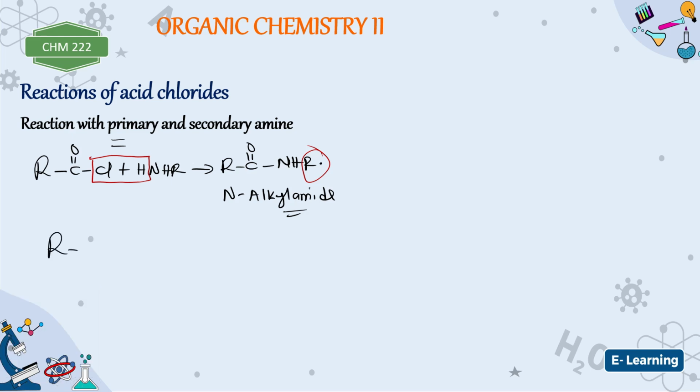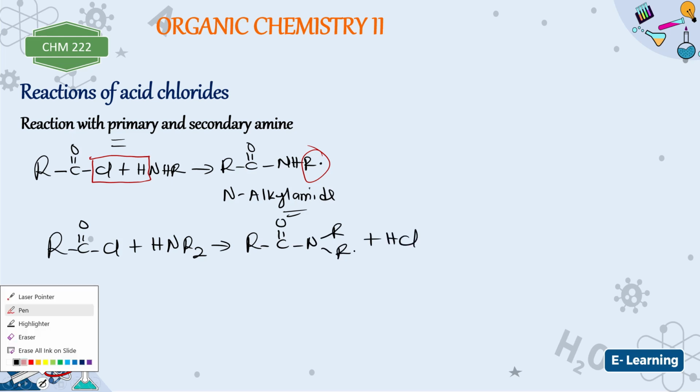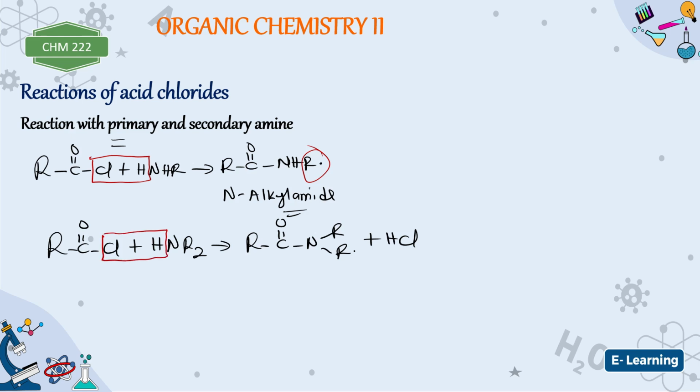So you have something like this, R, C double bond O, Cl plus HN, and then you have R2. Now with a secondary amine, they are still going to form an N-substituted product, this R plus HCl, because of course these two things here will combine together to form HCl.